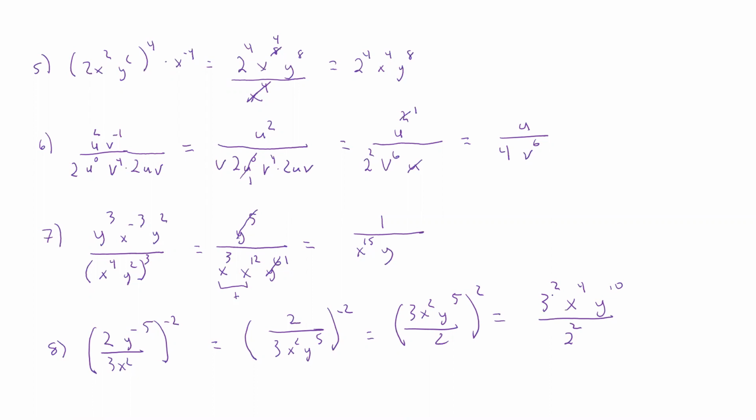Okay. And so this is one where maybe they'll say, well, what is 3 squared? Oh, 3 squared is 9, x to the 4th, y to the 10th over 4. So maybe this is one where they actually want you to simplify it. Might not be, but in any case, that would be something you could do there. So that is a list of more examples for 7.1.